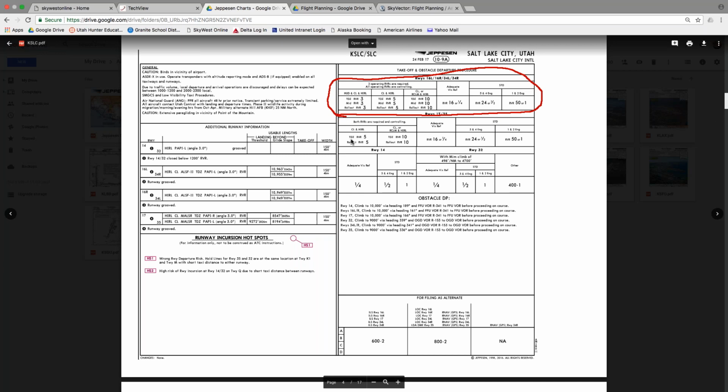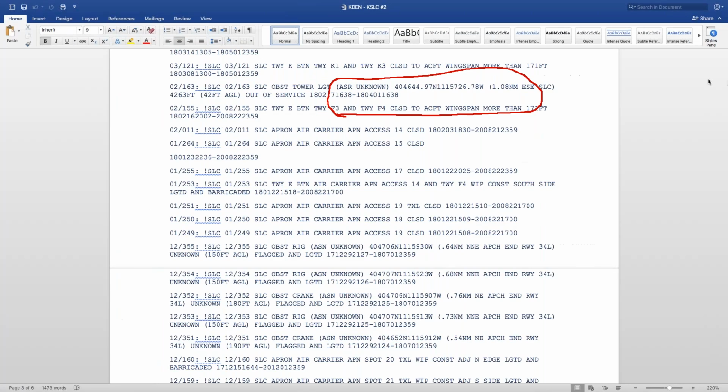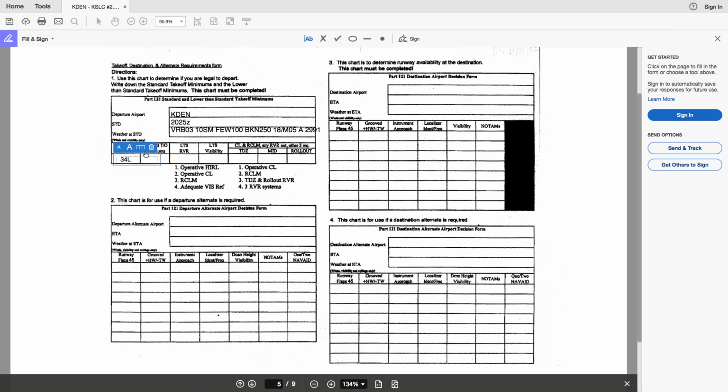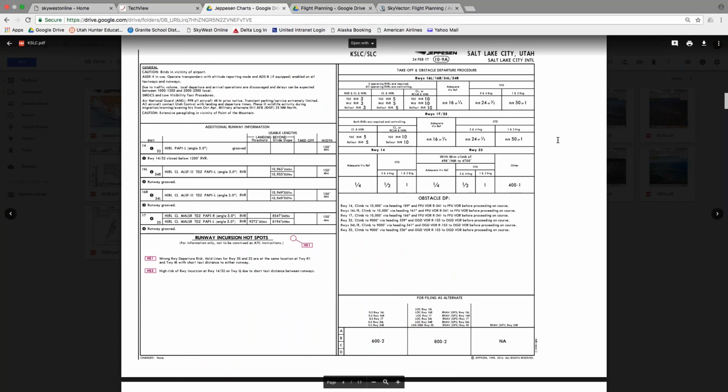Everybody have it pulled up on their computers? So use this chart for our takeoff minimums. What section do we use for our standard takeoff minimums? We use STD, 1 and 2 engines. Now, are we on Denver or Salt Lake?